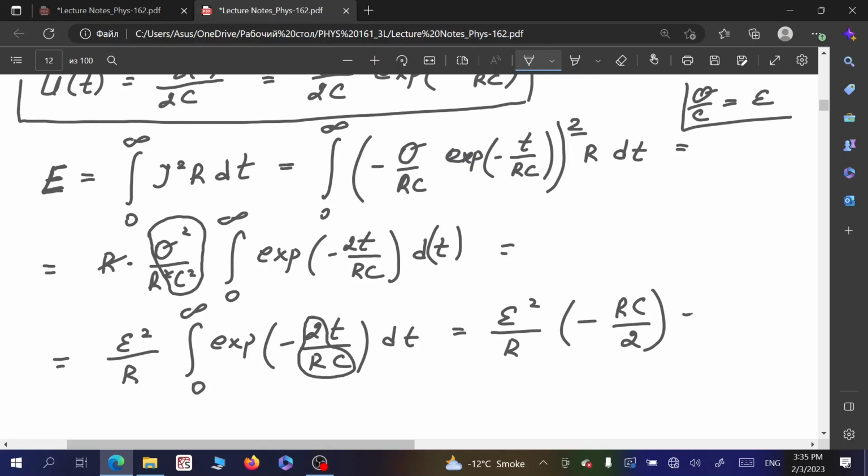And we have exponent minus 2 times t over RC from 0 to infinity.